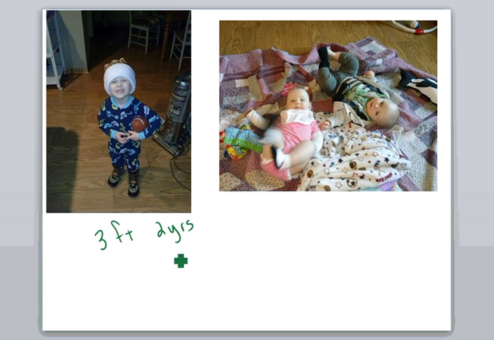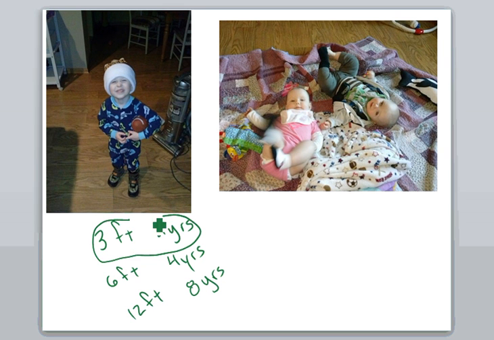So hypothetically, when he's 4, he'd be 6 feet tall. And then when he's 8, he'd be 12 feet tall. Well, this is an example of extrapolation. Just because some of our data works in one range doesn't mean it's going to continue on forever and ever.